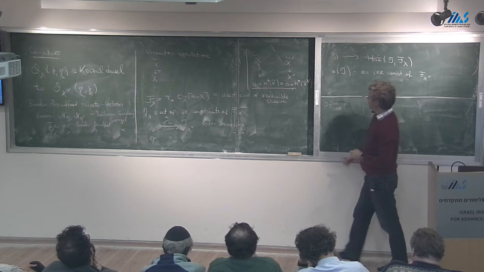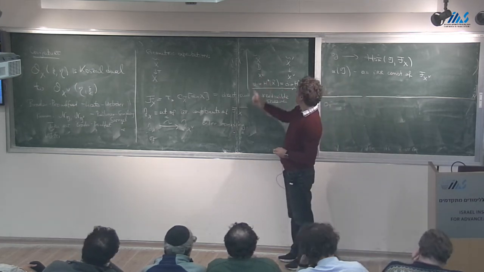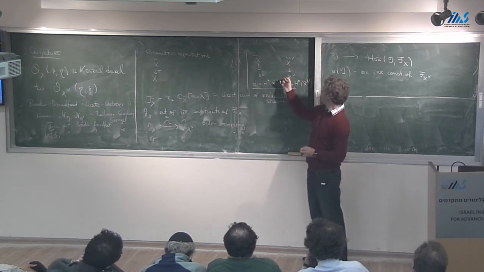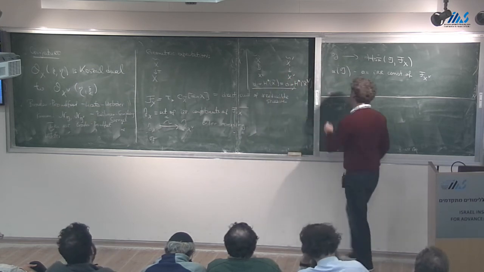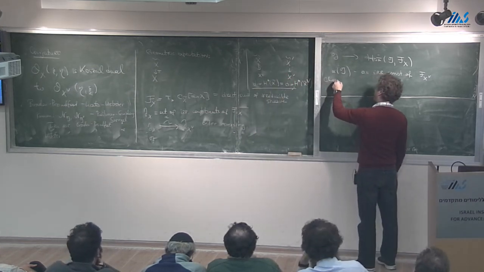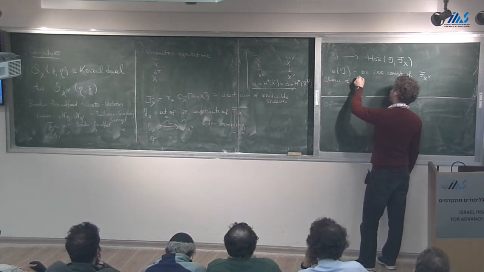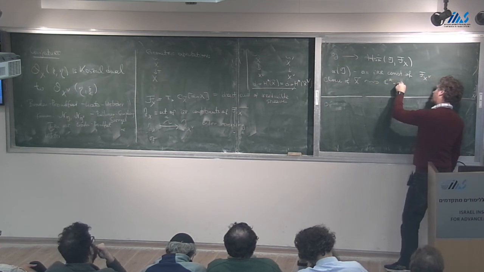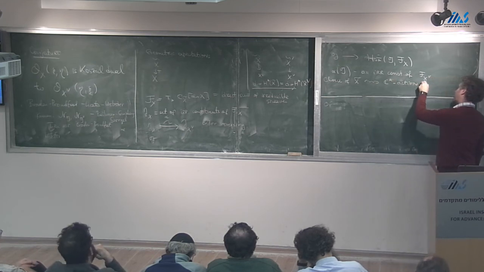So a choice of this resolution is supposed to be the same as a choice of a C-star action on X check. So somehow a choice of X tilde is the same as a choice of C-star action on X check.